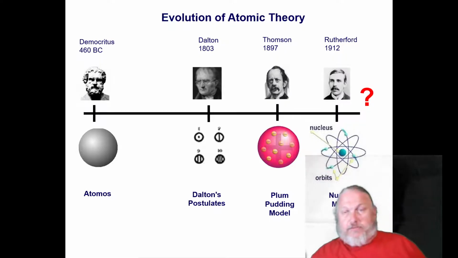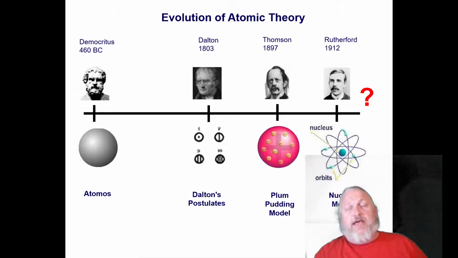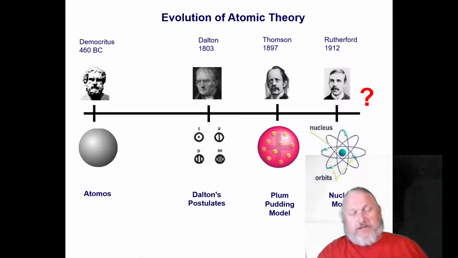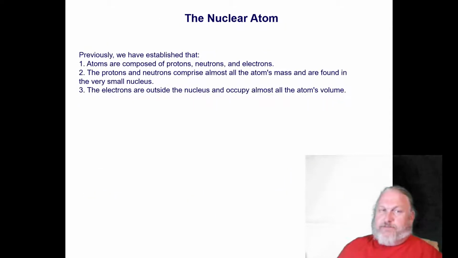Then a student, Ernest Rutherford, did the gold foil experiment, and he came up with our modern nuclear model of the atom, as far as where the nucleus and electrons are. His theory, of course, said that most of the atom is empty space, had a very dense, very small nucleus in the center of the atom, and it was surrounded by mostly empty space and electrons.